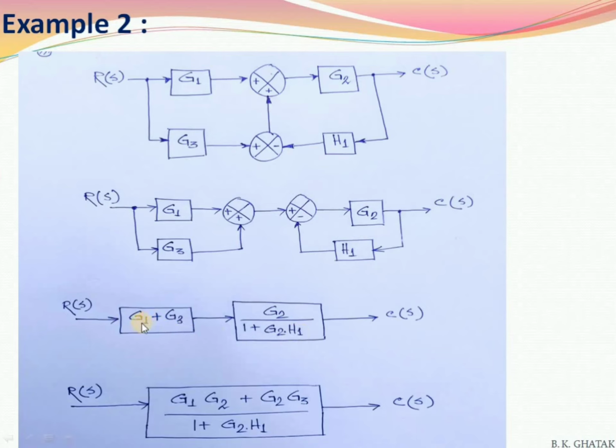So we can easily say that G1 into G2 plus G2 into G3 by 1 plus G2 into H1. Look at this one. Clear? So this function is known as transfer function T(s). So we can write T(s) equal to C(s) by R(s) equal to G1 into G2 plus G2 into G3 by 1 plus G2 into H1.